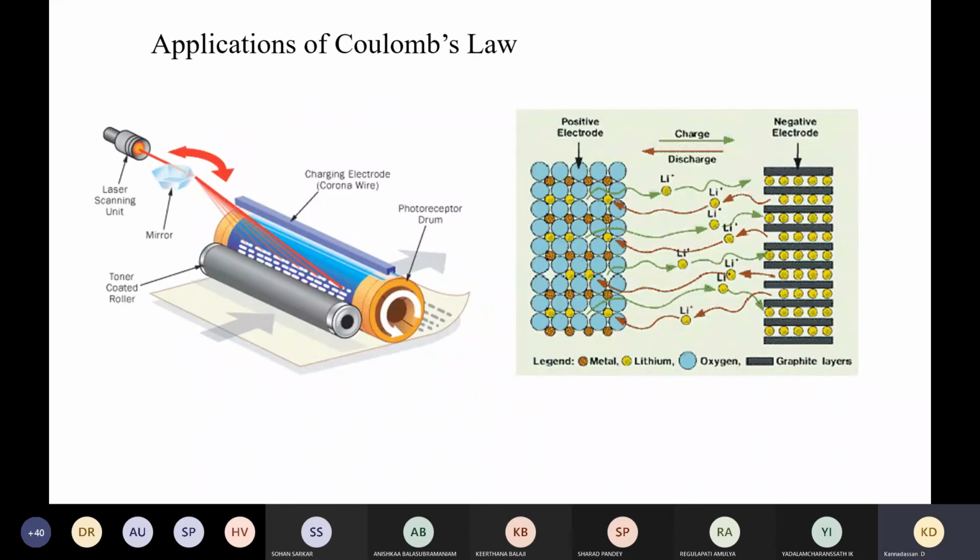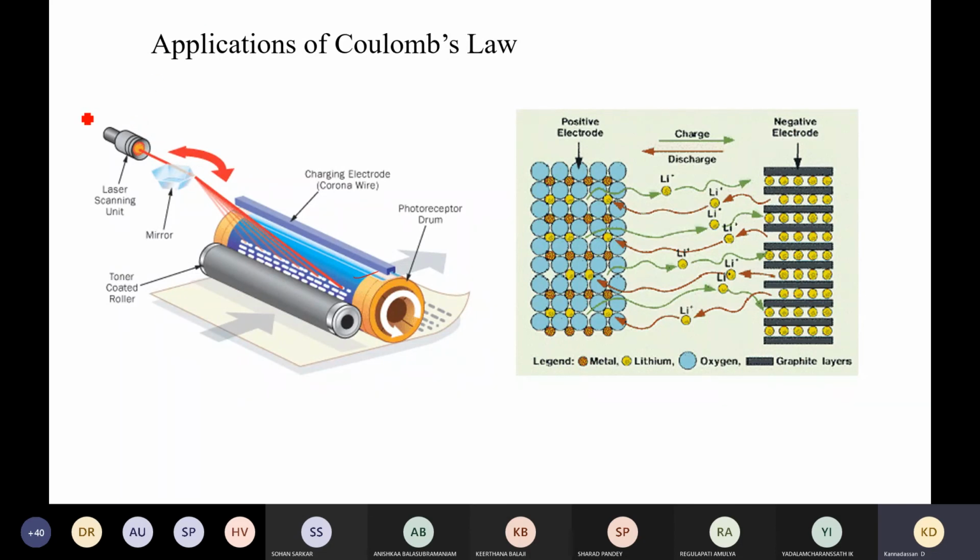And recently, so many applications are there. I have given only two. The famous one, the laser printer: what you see is a drum, which is most probably an ionized surface. This is called a photoreceptor, and an electrolyte will be coated on it. This will be charged by means of the light source.